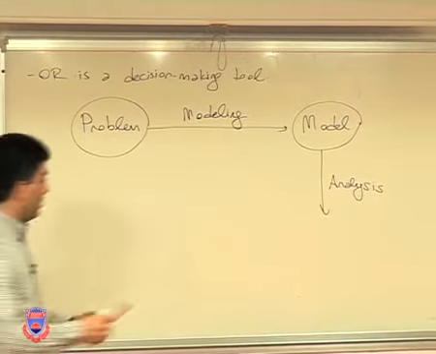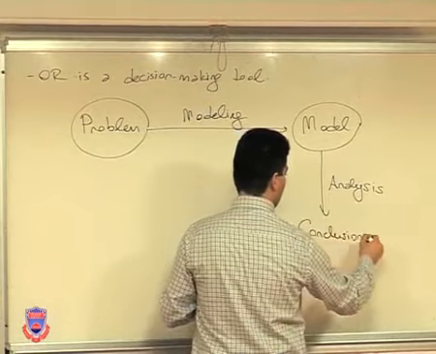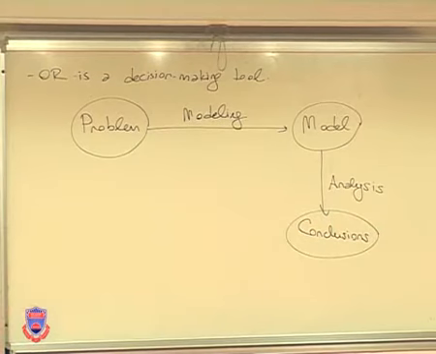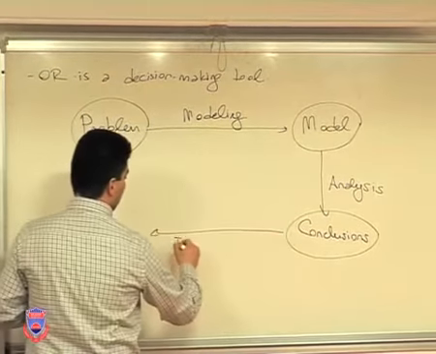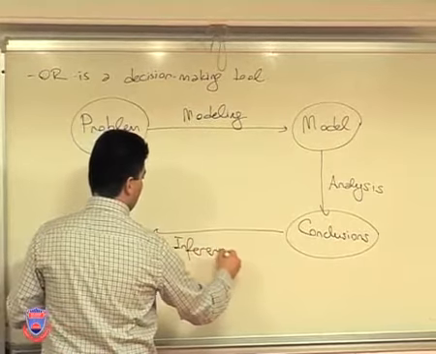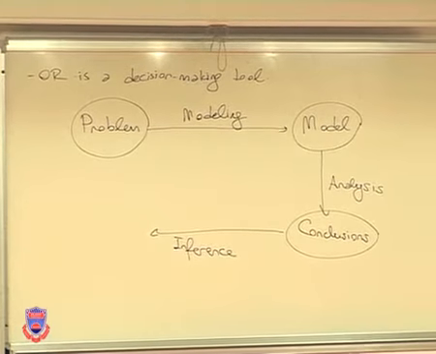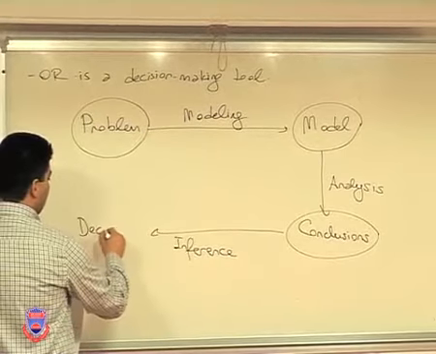And we make some conclusions. Okay? Now, based on these conclusions, we actually make certain inferences about the problem. So inference basically means you deduce something, you conclude something, okay? Then we actually make decisions based on that.